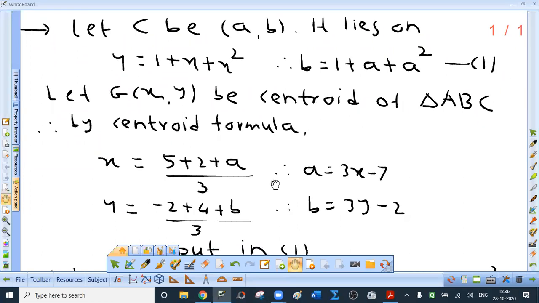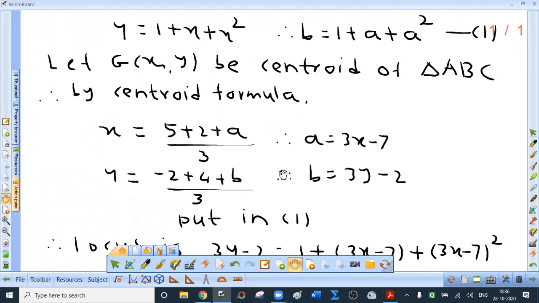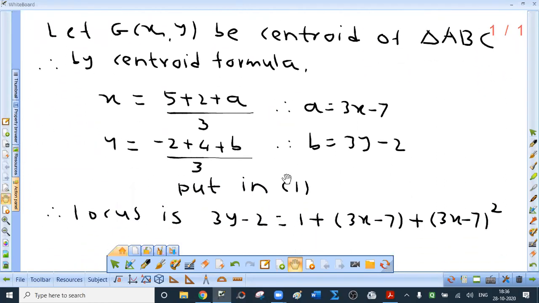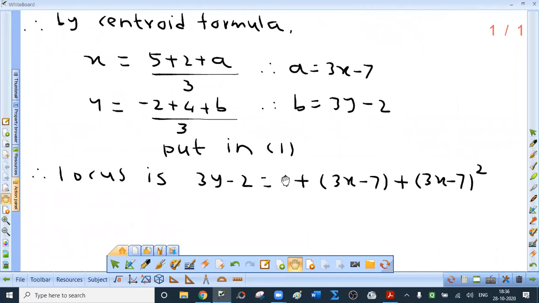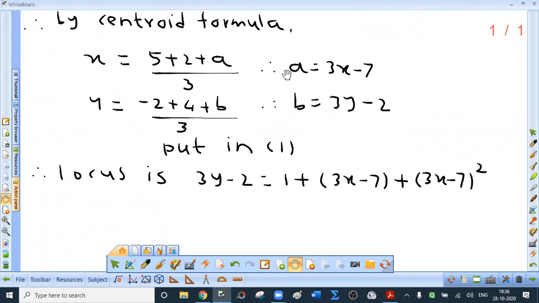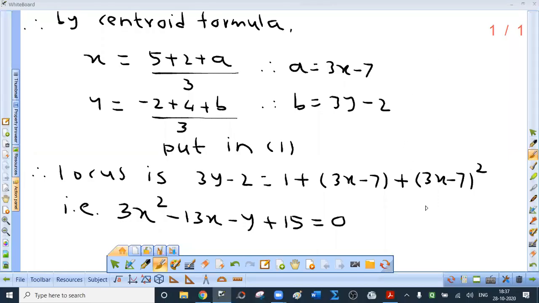So use the centroid formula. That gives me a equal to 3x minus 7 and b equal to 3y minus 2. Put the values of a and b in equation 1. Simplify to get the equation of the locus. So what is the final answer? The equation of locus is 3x square minus 13x minus y plus 15 equal to 0.